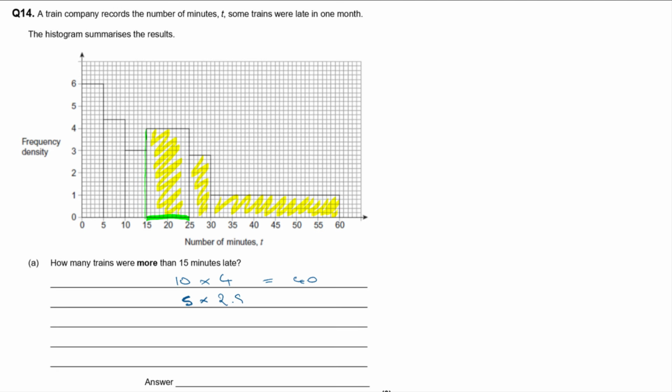So 5 lots of 2.8. What's that, 14? And then finally, I've got one stretching from 30 to 60. That's a width of 30, and a height this time of 1. So 30 times 1, that's just 30. Adding those up then, 40, 30 and 14, that adds up to 84, doesn't it? So that's 84 trains who were more than 15 minutes late.